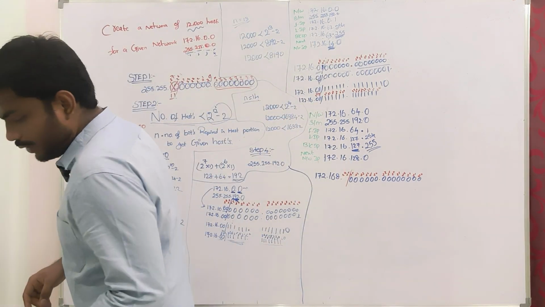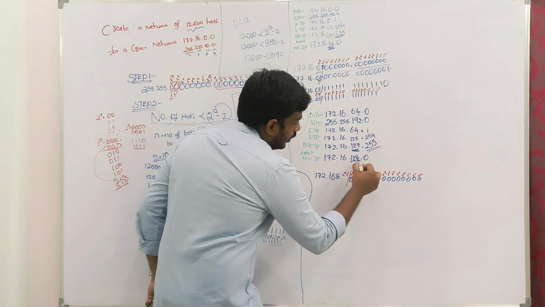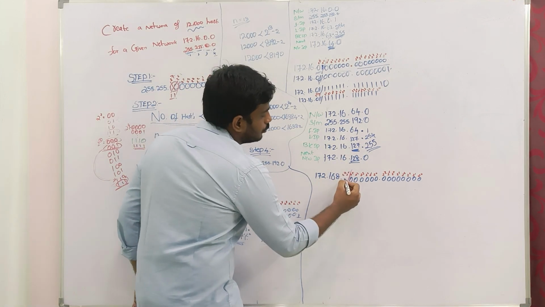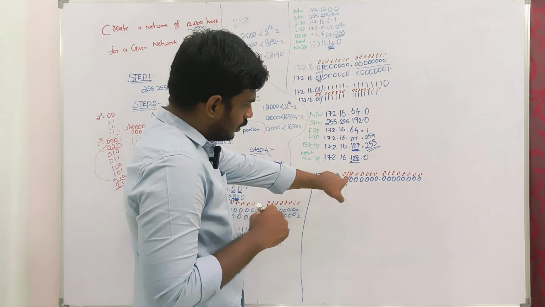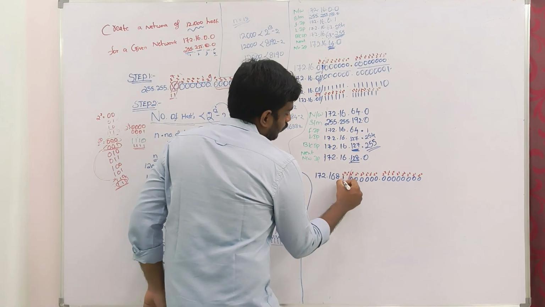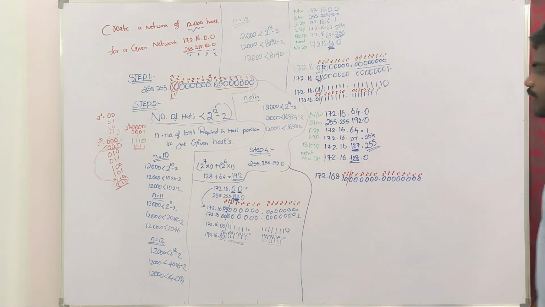What should be written in our network portion? Go and check here. What is the value? 128. So 128 should come within these 2 bits. Is 2 power 7 128? Yes, 2 power 7 is 128, and the rest of the network portion will be turned into 0 now.